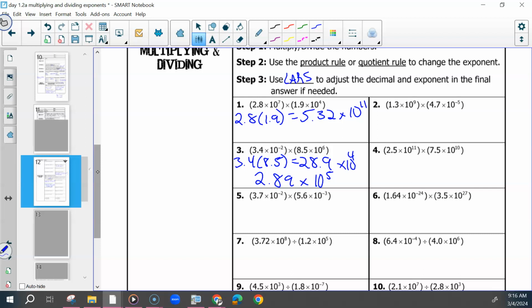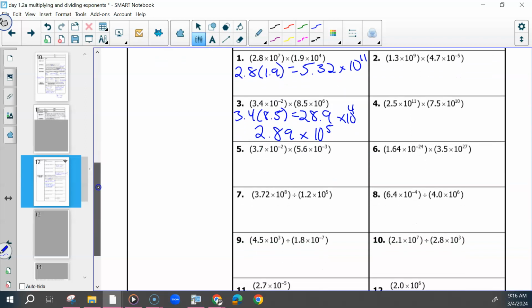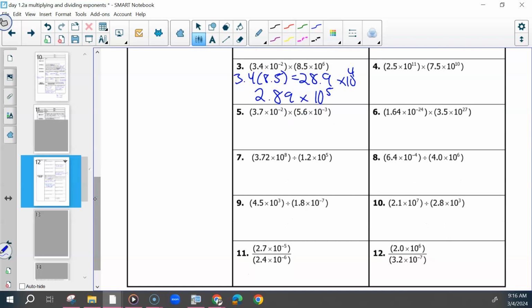Questions on that one or other questions in the multiplying section? 2, 4, 5, 6. Okay. The division works basically the same way. So in number 7, divide the actual numbers. 3.72 over 1.2.